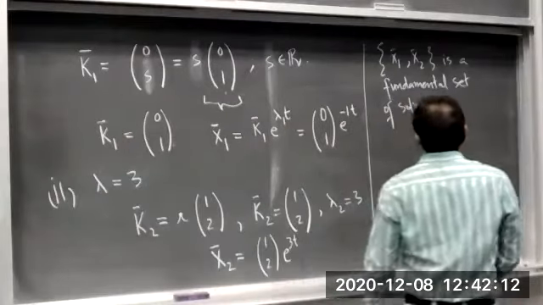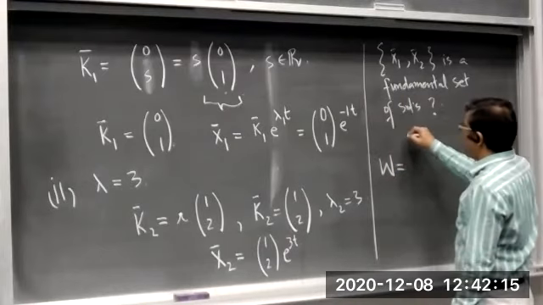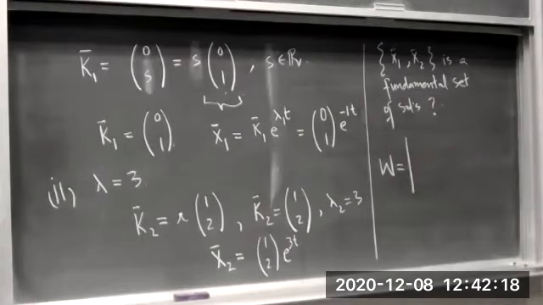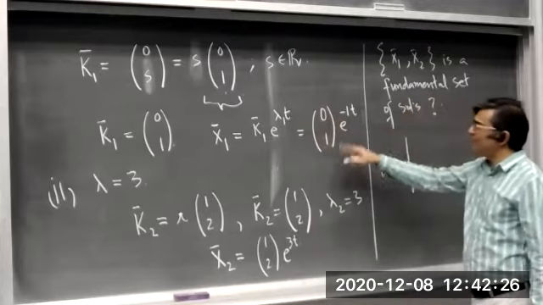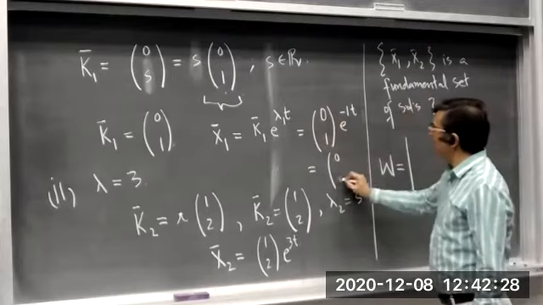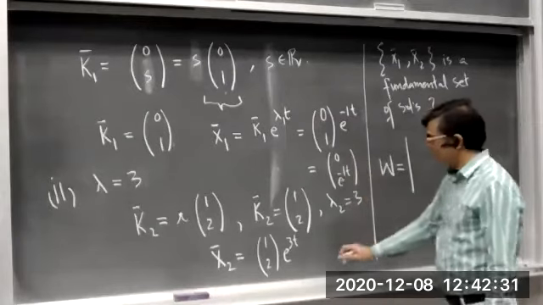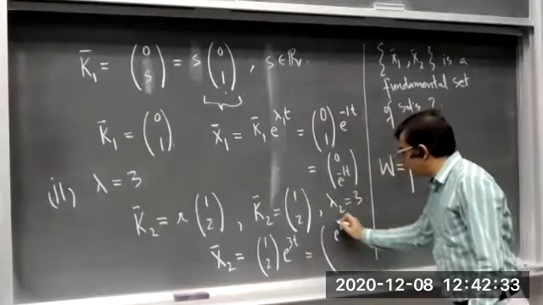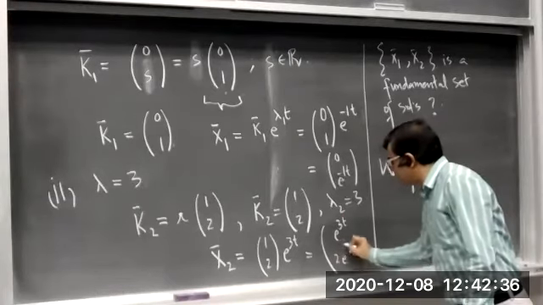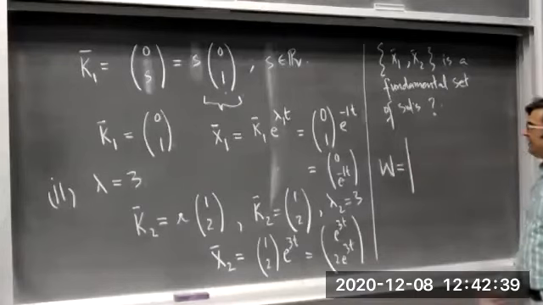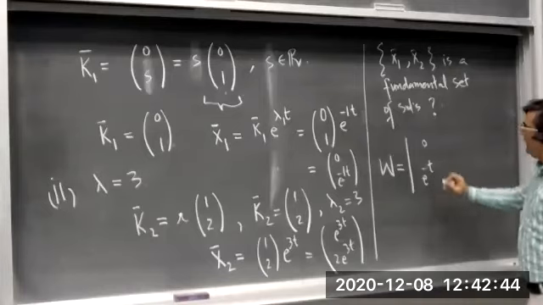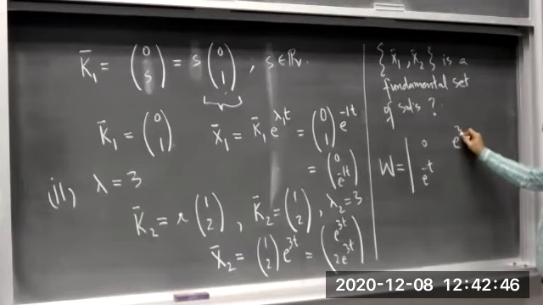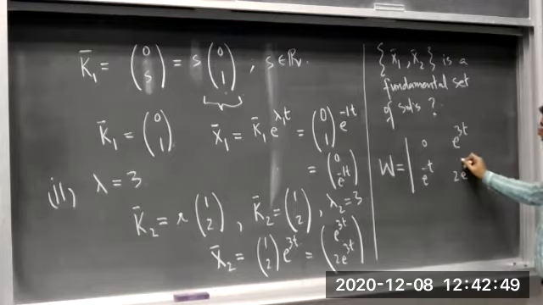Okay. For that, we need to find the Wronskian, and Wronskian is what? What was the first solution? It was (0, 1) e raised to the power minus t, so it is 0 and e raised to the power minus t. And the other one is e raised to the power 3t and 2 e raised to the power 3t. These are basically the solutions. K1 we write here as 0, e raised to the power minus t, and K2 as the other column, e raised to the power 3t and 2 e raised to the power 3t.